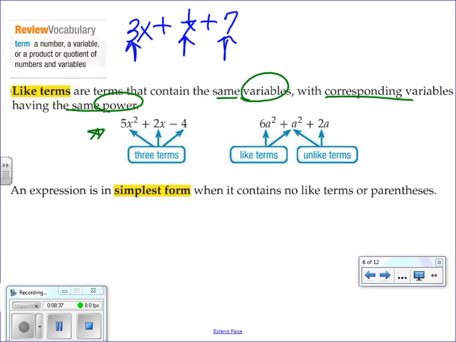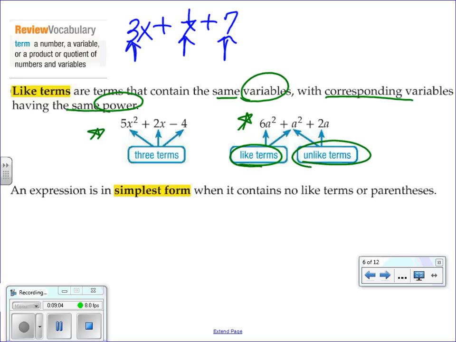They're 3 separate terms. These 2 guys don't have the same power, so they're separate terms. Over here in this example, 6a squared and a squared have the same powers. So they are what we call like terms. A squared and a are unlike terms.